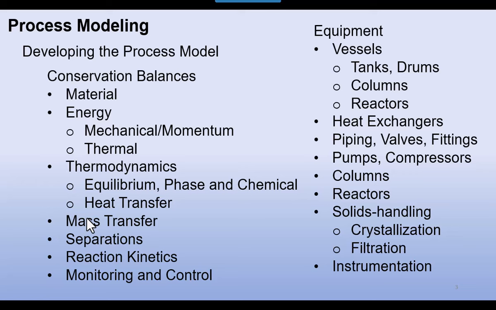The kind of equipment that we model is very varied, and the list is long, but some common categories are listed here with vessels, heat exchangers, in terms of fluid flow, piping, valves, and fittings, pumps and compressors. As far as separations go, columns, and then transformation with reactors, possibly solids handling with processes like crystallization and filtration.